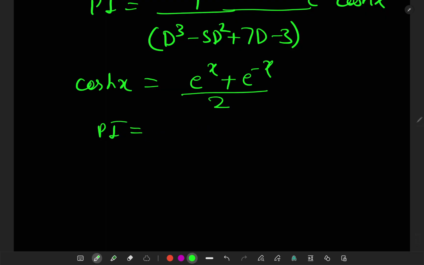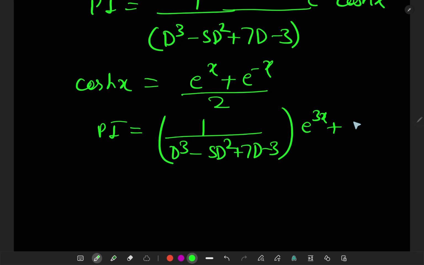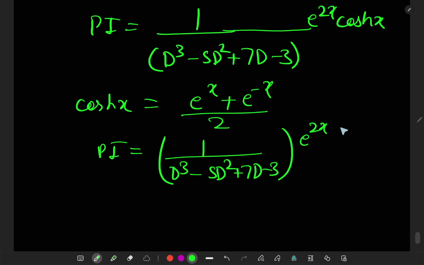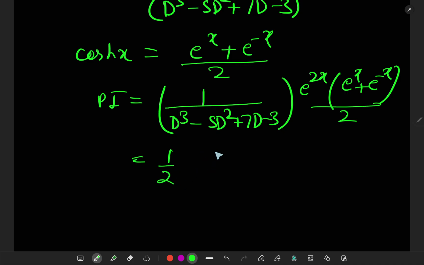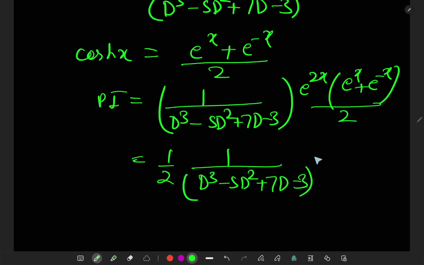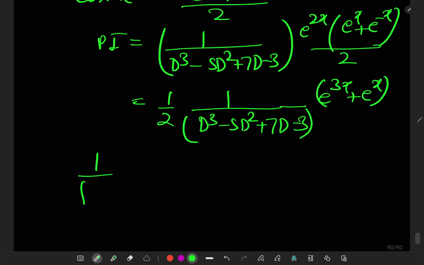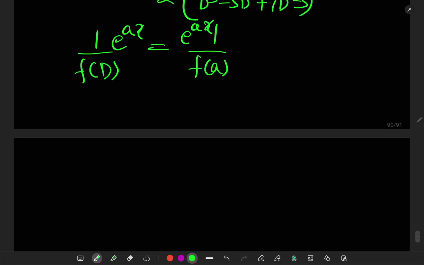So we get particular integral is equal to, or we can write here, now it is easy to solve using the property of this. So we use here this property.